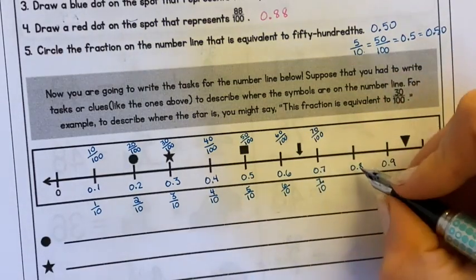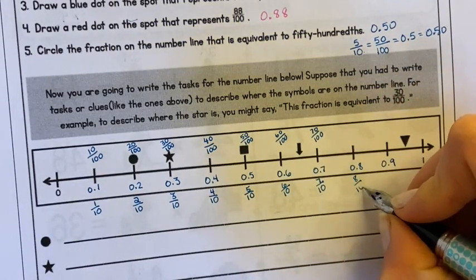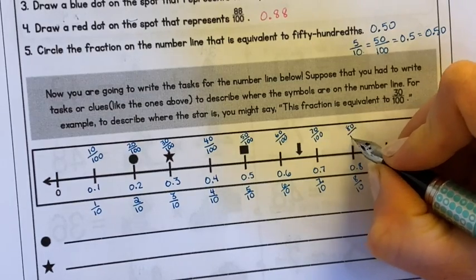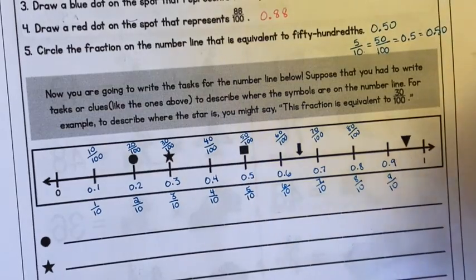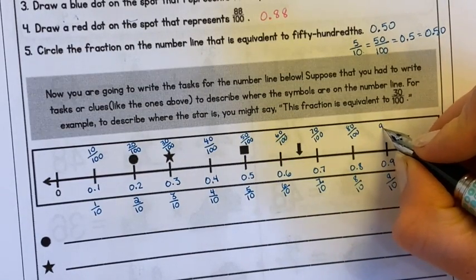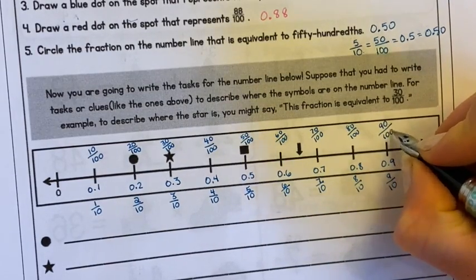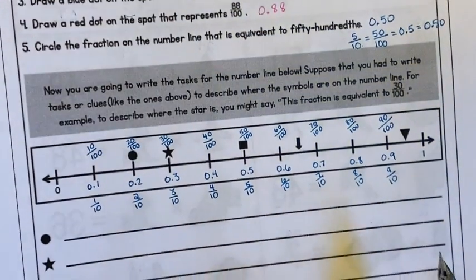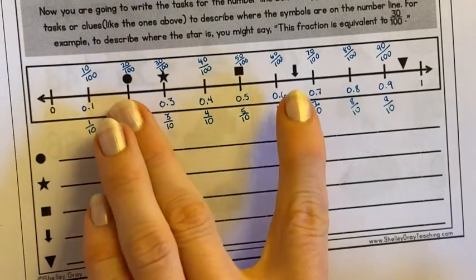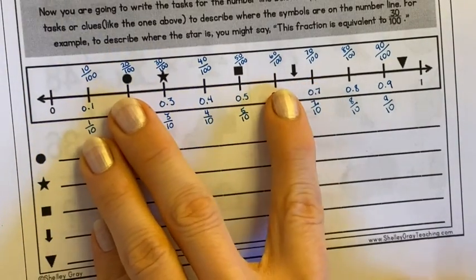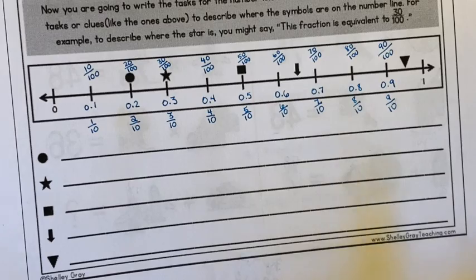Sorry if this is boring, you guys, but it's important. 0.8 is 8 tenths, or 80 hundredths. And 0.9 is 9 tenths, or 90 hundredths. All right, so now we have it labeled. I'm going to do the circle and the arrow, and then I'm going to let you figure out the others.